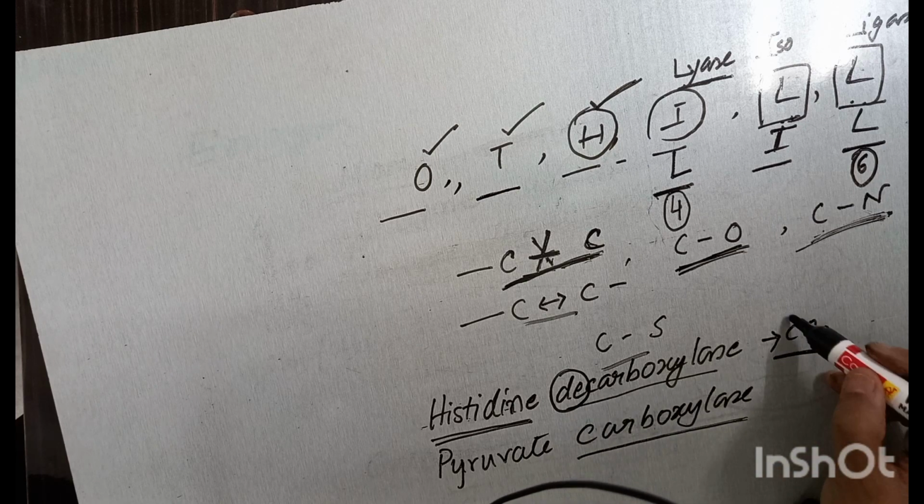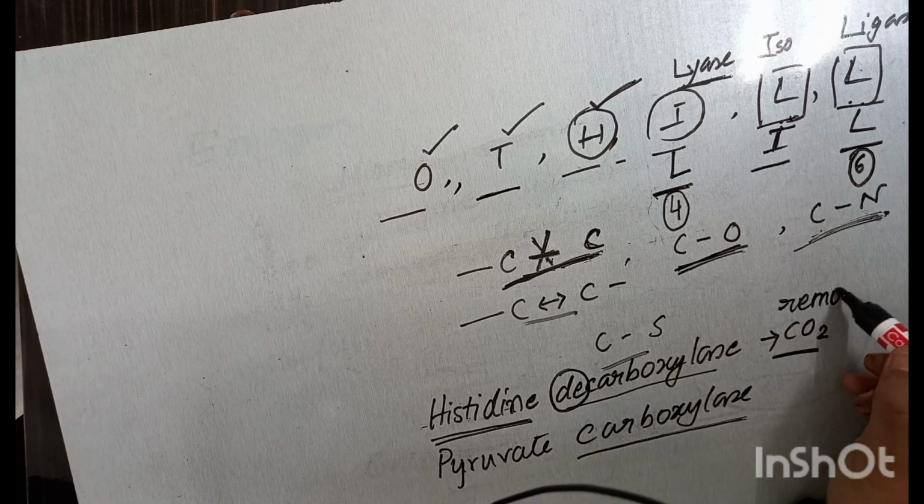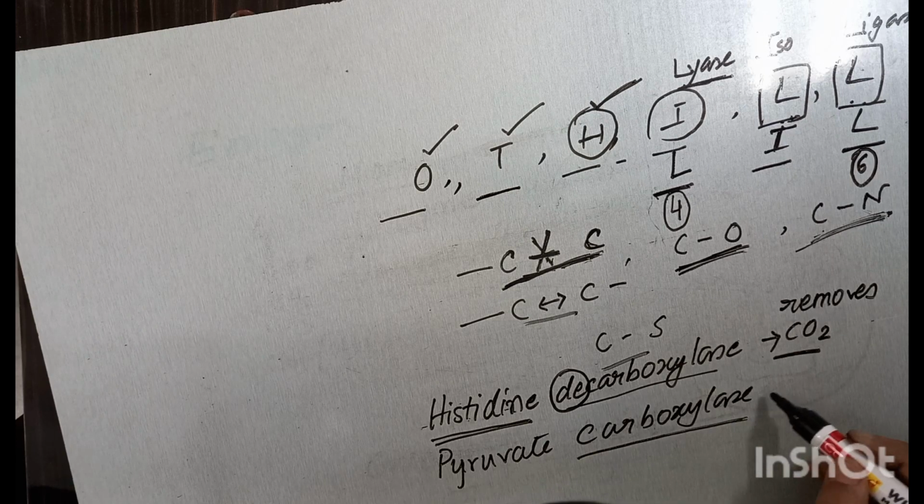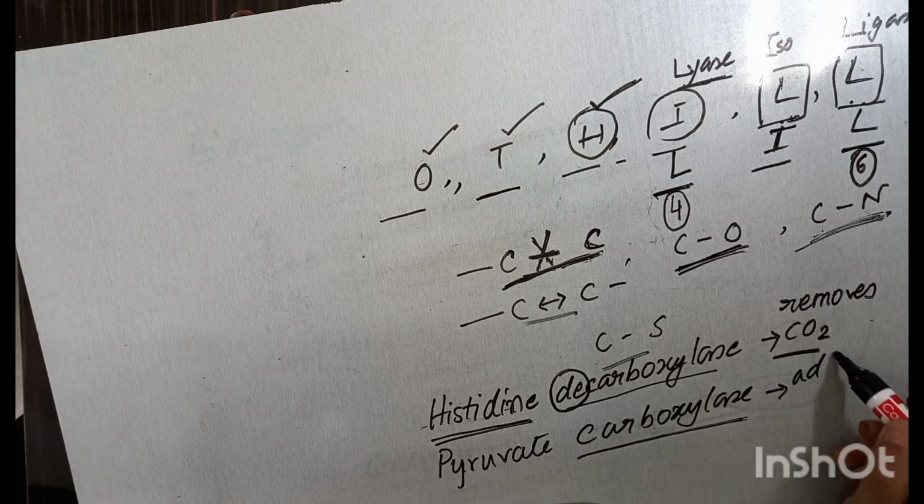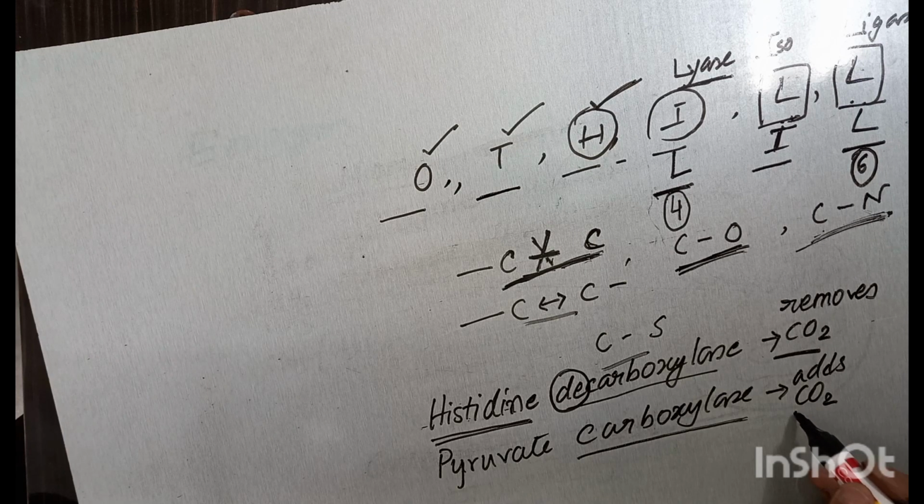Decarboxylase removes carbon dioxide. Carboxylases add carbon dioxide. It adds CO2, so it adds a carbon to another molecule. It's a carboxylase, and it adds it on pyruvate and forms a molecule called oxaloacetate.